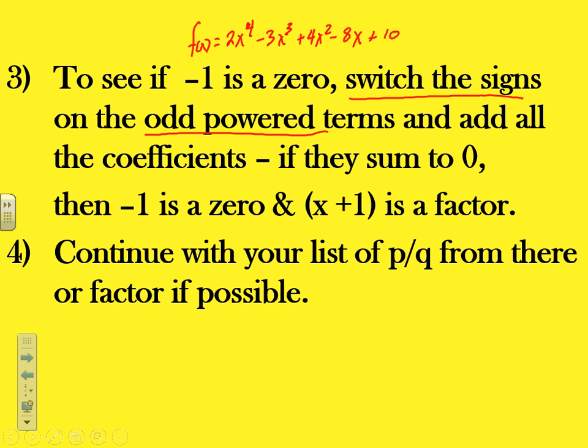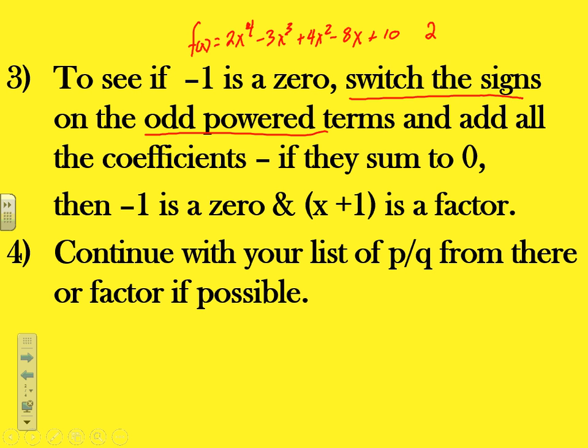Okay, when it says identify the coefficients and switch the terms of the odd powers, what we would do when we're checking is just take the coefficients. The first term has an exponent of 4, so that's an even number, so we just leave it alone. The next one is x to the third.